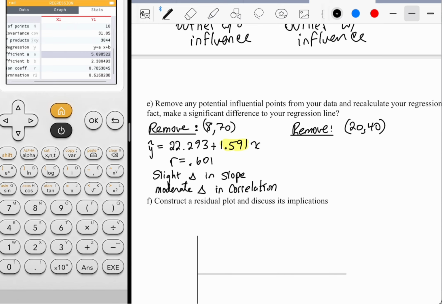For this one, I know the slope is the A value and the y-intercept is the B value, so I'll just write that backwards. So 2.3, I'll say 3005. That's my y-intercept. Is that the y-intercept? Feels a little off, but plus 5.0985 with the r value being 0.785.